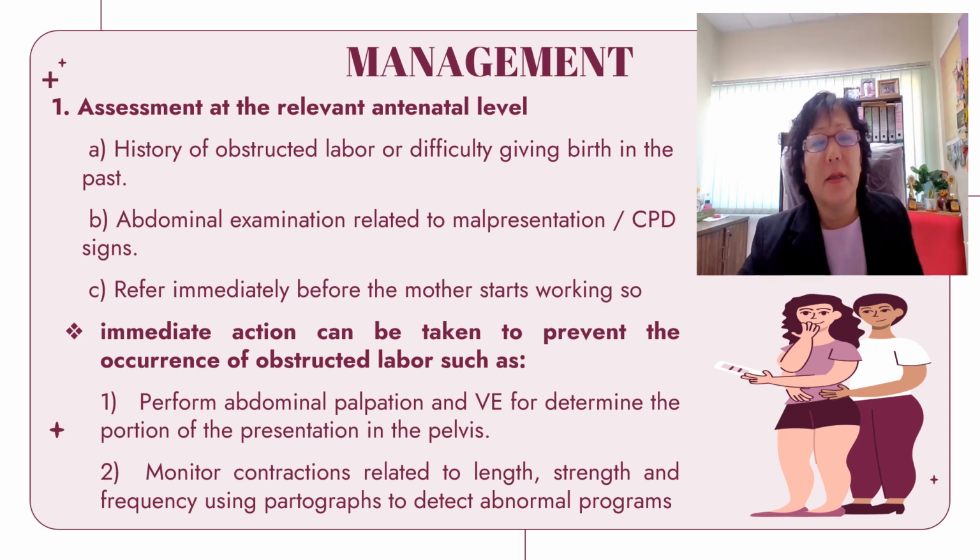C, refer immediately before the mother starts labor so that immediate action can be taken to prevent obstructed labor, such as performing abdominal palpation and vaginal examination to determine the position of the presenting part in the pelvis. Number two, monitor contractions related to length, strength, and frequency using a partograph to detect abnormal progress.